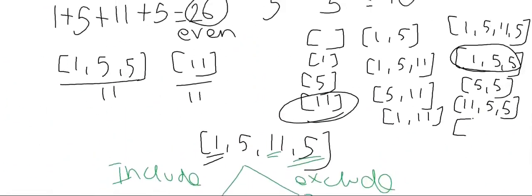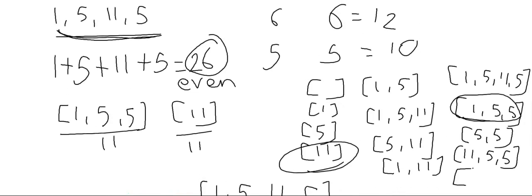So if I'm given this, what I need to do is this 26, I'll divide this. So this is 26, 11 plus 11. Oh, sorry, this is 22. It's not 26.